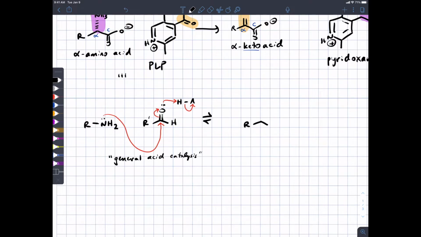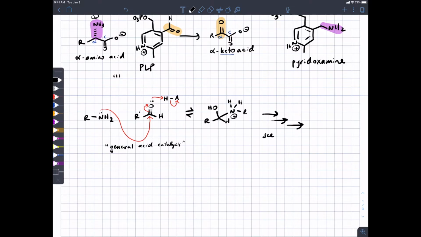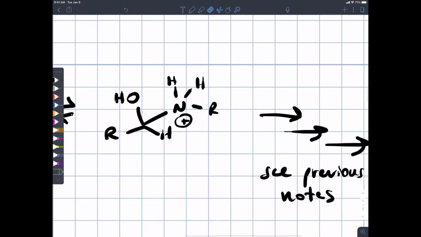Okay, so if we do that, we get to the following intermediate with a positive formal charge on the nitrogen. Remember that our task at this point, and I'm going to talk our way through the mechanism but not draw the individual steps because you've seen it before in your notes, is to do proton transfer to change who's the good leaving group.